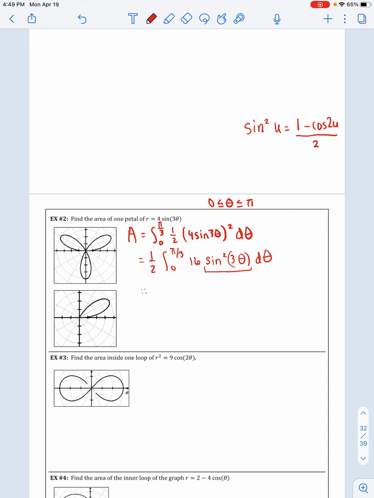Your u is 3 theta. So I'm going to pull that 16 out times that 1/2 and get 8, integral from 0 to pi over 3. And I'm going to say that this is 1 minus cosine of, now we have to think of it as 2 times 3 theta, over 2.